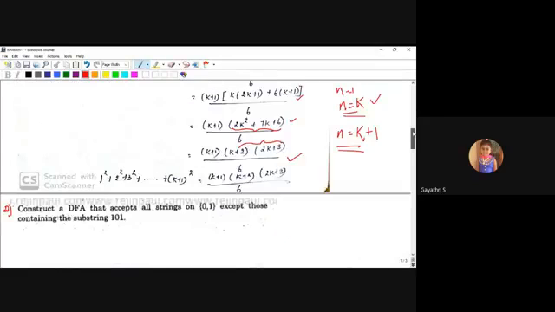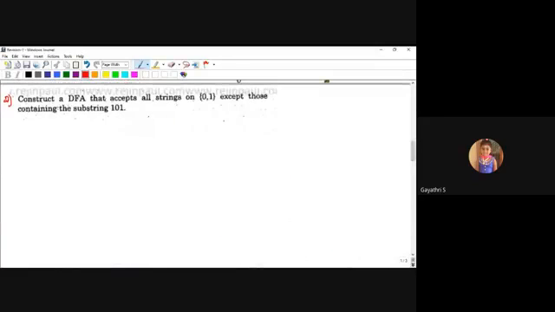Next, the second one. Construct a DFA that accepts all strings on 0, 1, except those containing the substring 101.